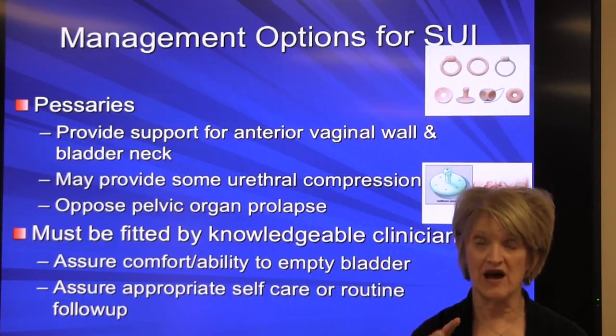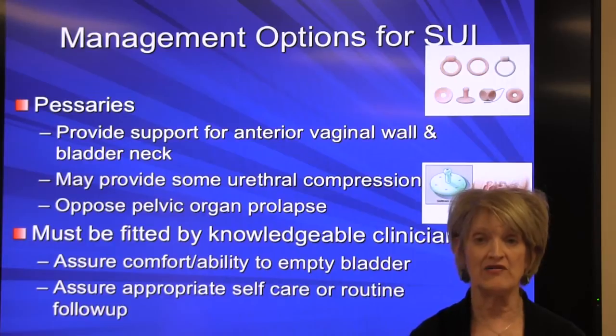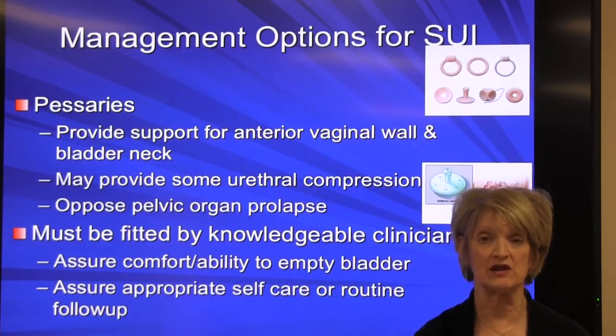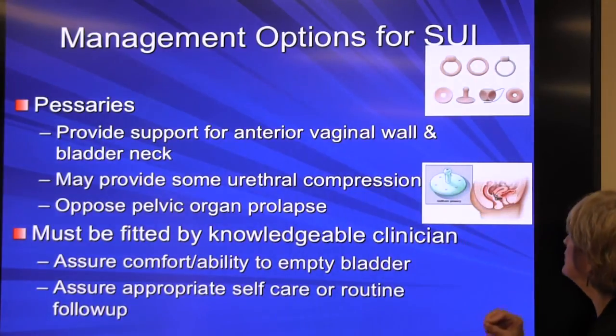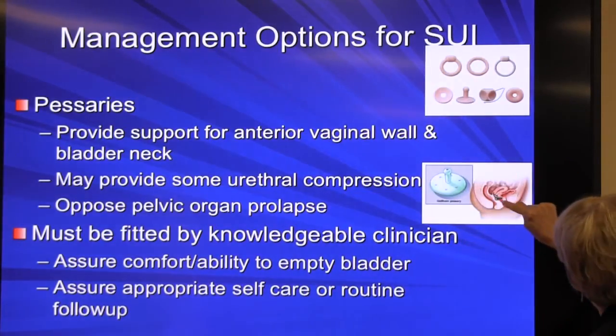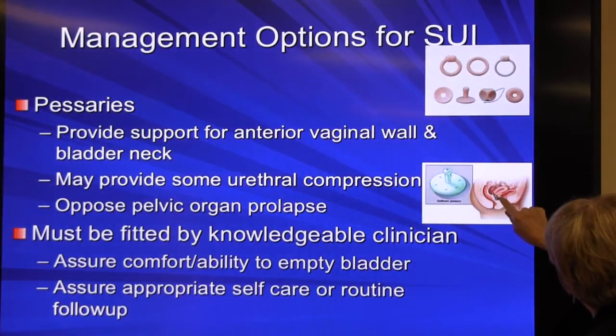They can provide some degree of urethral compression, which helps reduce the risk of leakage, and they are very beneficial in opposing pelvic organ prolapse. So if you put a pessary in, and here you see a pessary placed, it's in the proximal vagina, providing support right at the bladder neck.